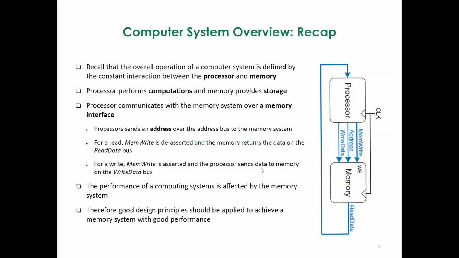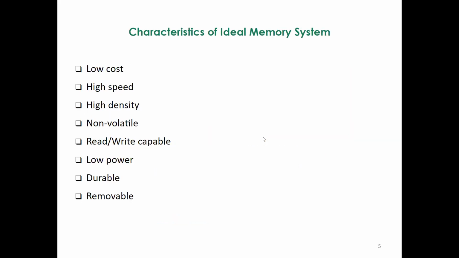So really, good design principles should be applied to achieve a memory system with good performance. This is the object of this topic or this lecture, and to look into those various technologies, techniques that are used to bring memory up to speed, so that it can work well with the processor to perform the functions that a computer ought to support.